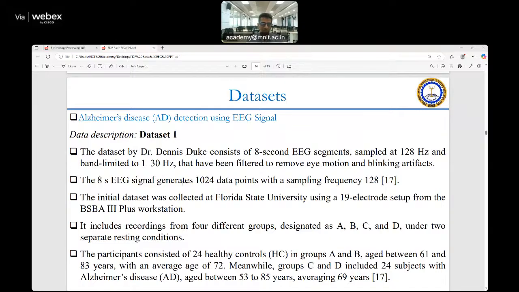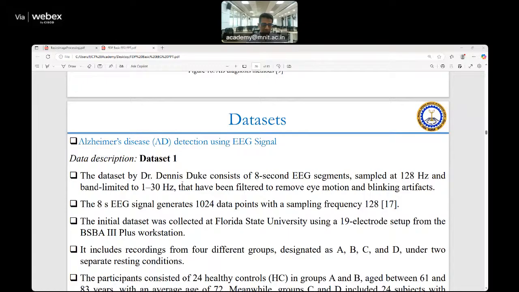Here also we are using basically the public data set, data set one. This is the data set by Dr. Dennis Duke, consisting of 8-second EEG segments, sampled at 128 Hz and band limited to 1 to 30 Hz, that have been filtered to remove eye motion and blinking artifacts.